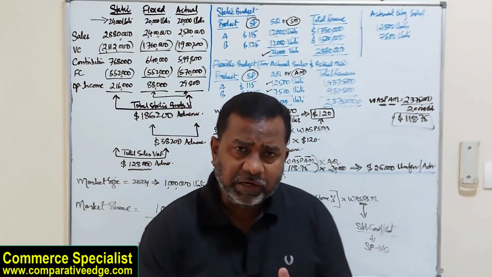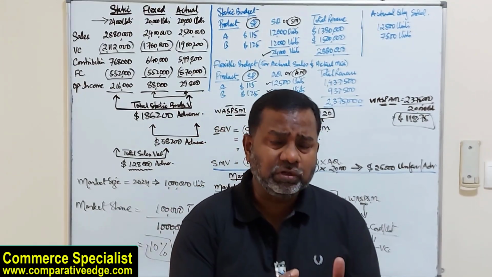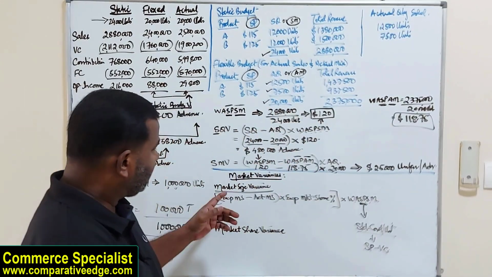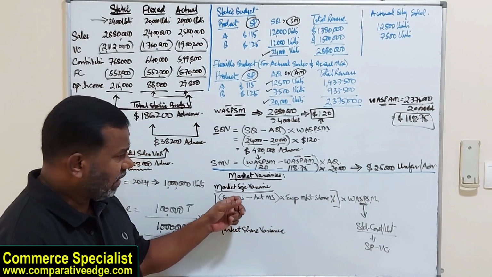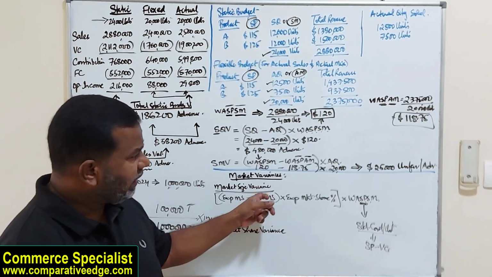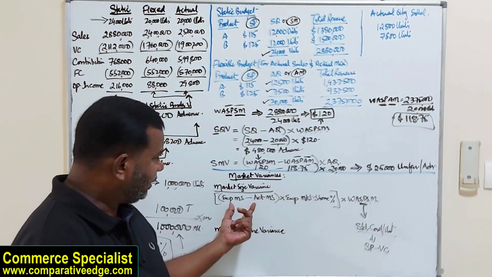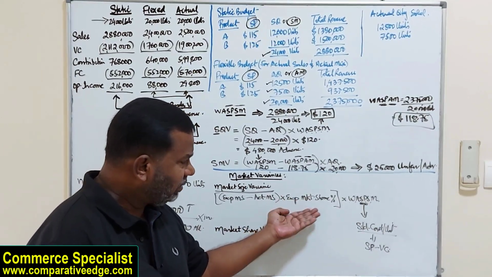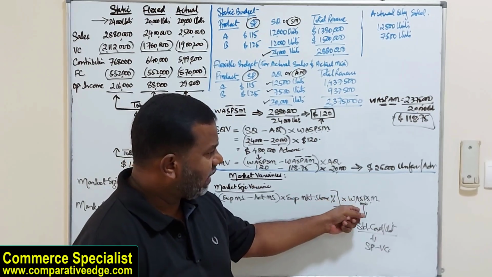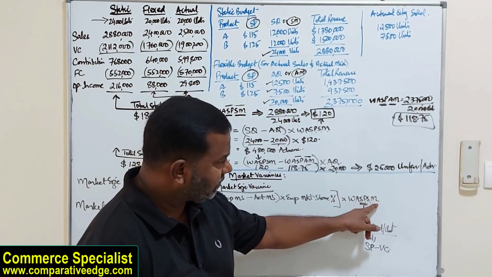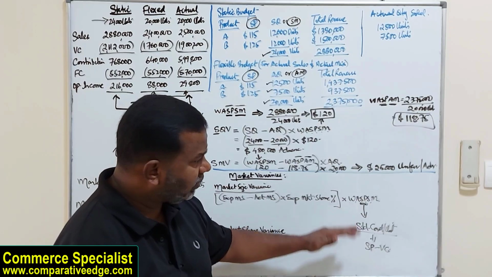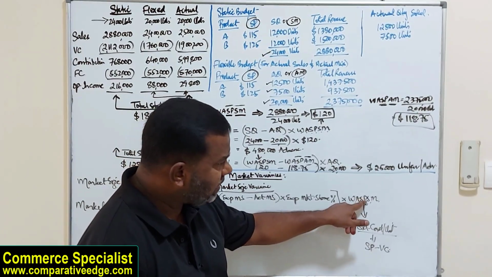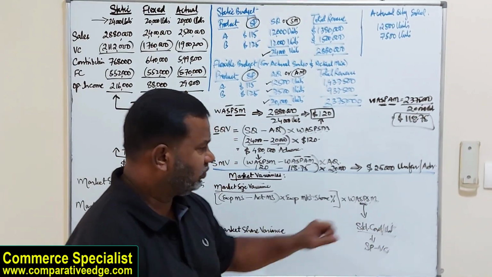So if you're trying to find out in terms of contribution, the variance, you take expected market size minus actual market size into expected market share. Now these two are in units, this is a percentage. Whatever you get, multiply by weighted average standard price for standard mix. If you want to calculate in terms of contribution, instead of standard price, take standard contribution per unit.